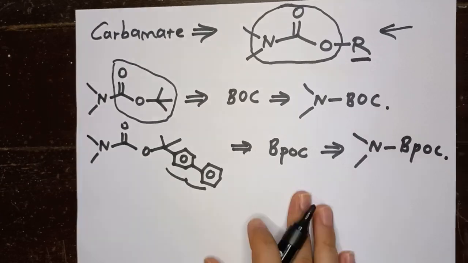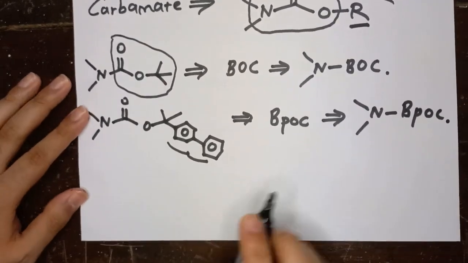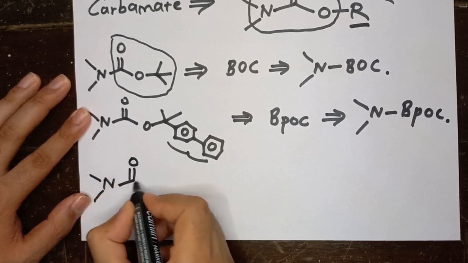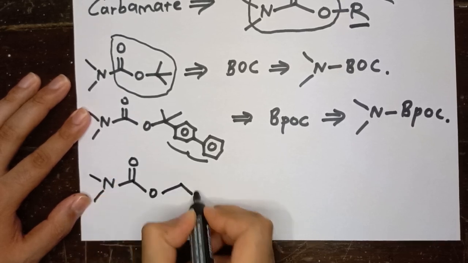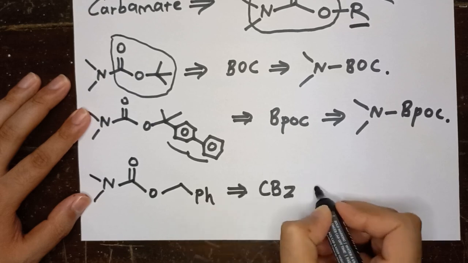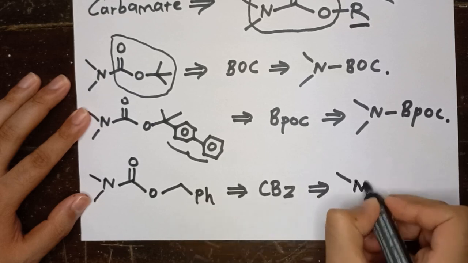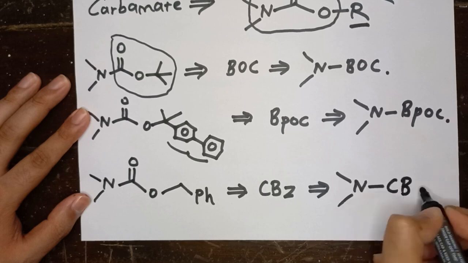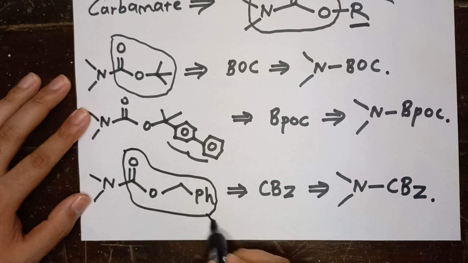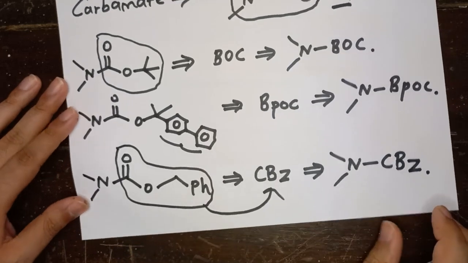Okay. Suppose this time the R group is CH2Ph. So this is what we call CBZ protection, and this can be written as N-CBZ. So this whole group is representing CBZ.